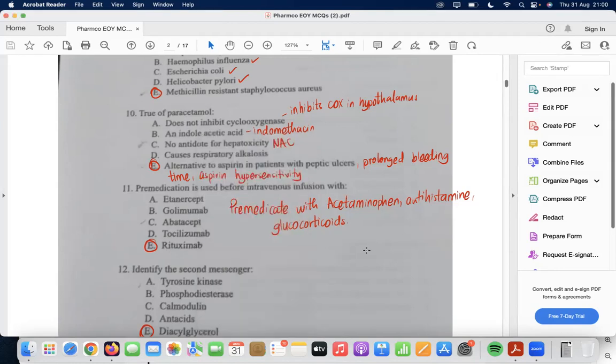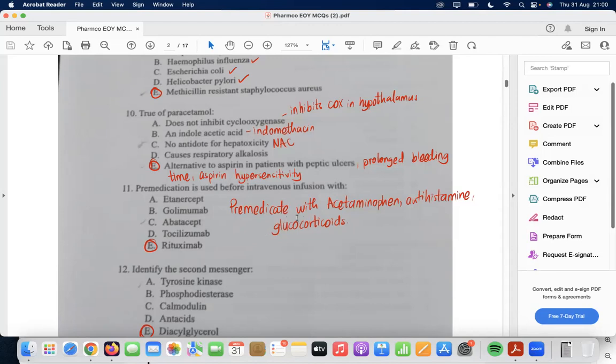Most monoclonal antibodies are given with premedication, such as rituximab. Premedications are certain drugs given before the administration of other drugs, to stabilize the patient because of the adverse effects of the latter drug.